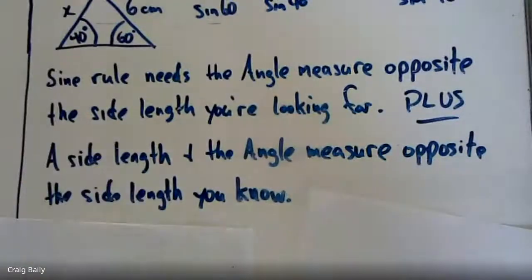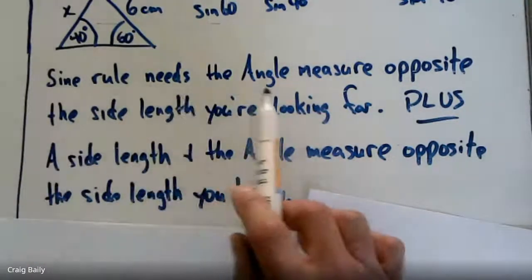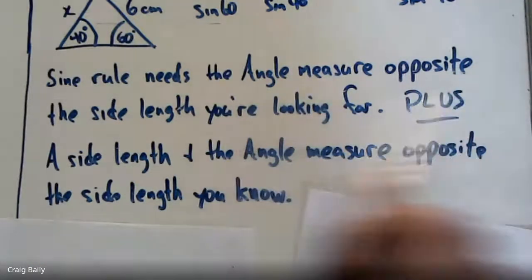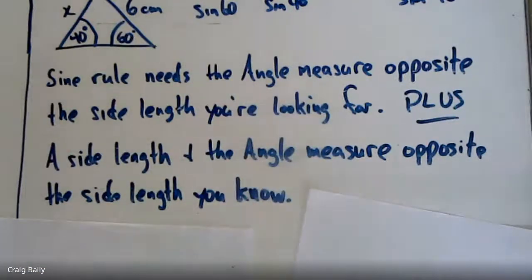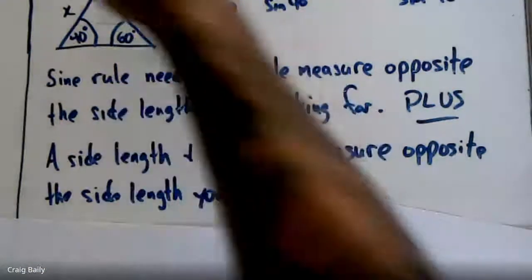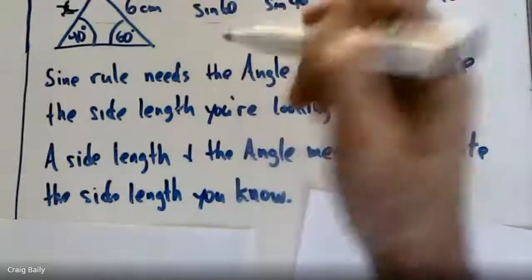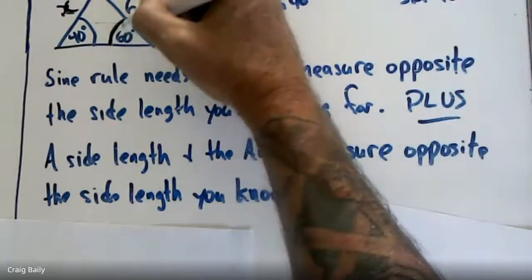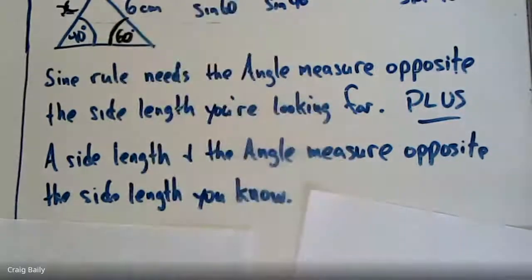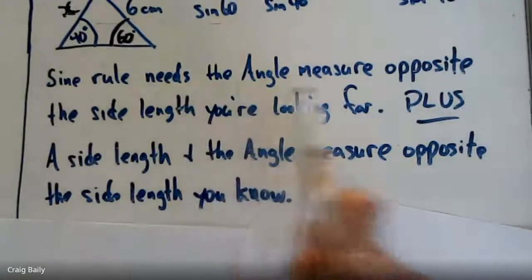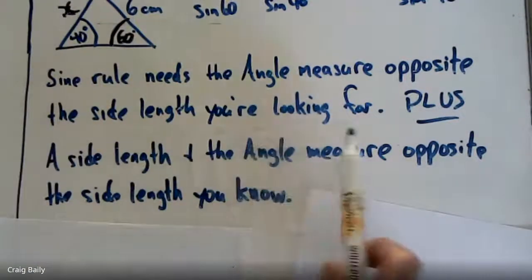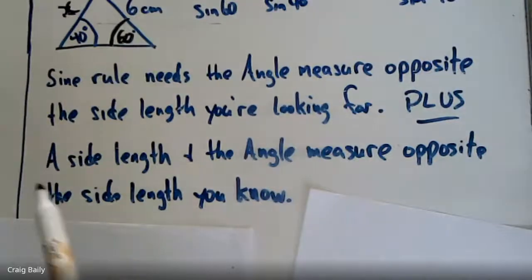In order to use it, the sine rule needs the angle measure opposite the side length you're looking for. So if I'm trying to find this side here, x, I've got to know the measure of the angle opposite that side. So the sine rule needs the angle measure opposite the side you're looking for, plus you must know a side length and the angle measure opposite the side length you know.